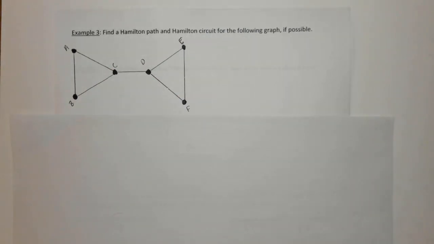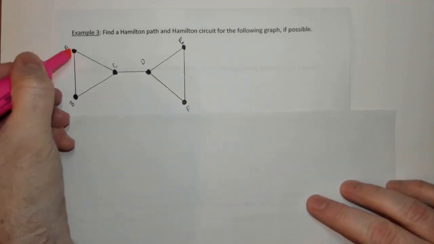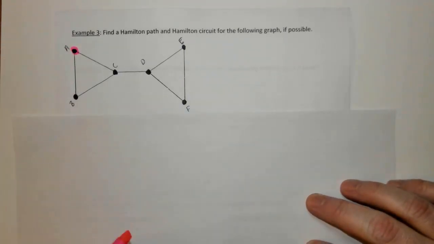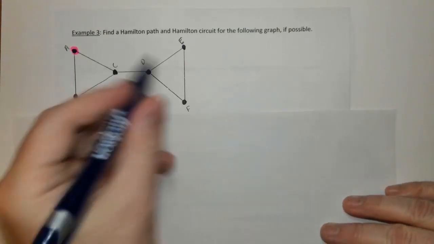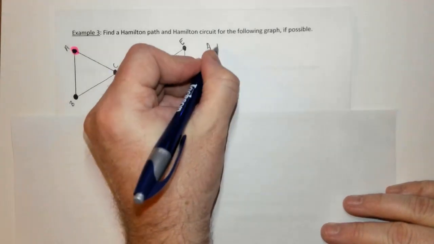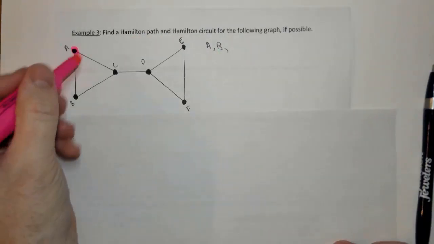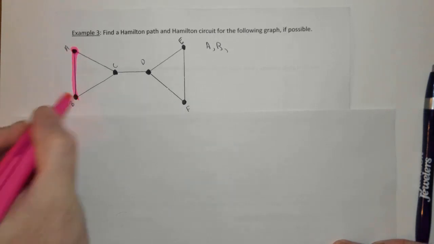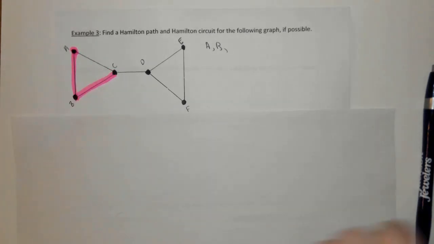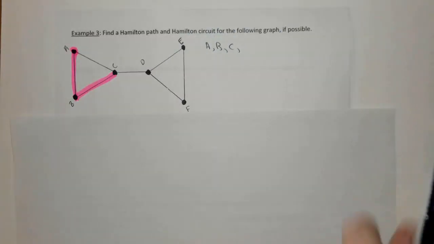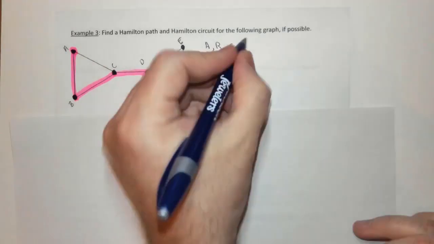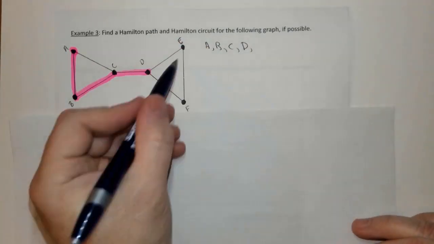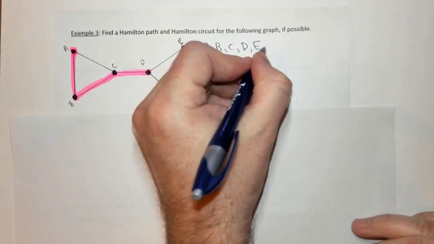So let's just start with A, and we'll just see what happens. All right, well, I don't want to go A to C, because then I'll go to B, but I can't get back to C. So I really want, for this example, to go to B, and now I can go to C. Once we've crossed to C, you have no choice but to go to D. And then at this point, you could hit either E or F, and then the other.